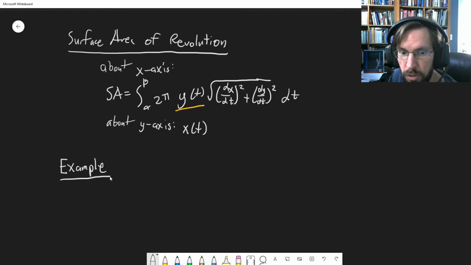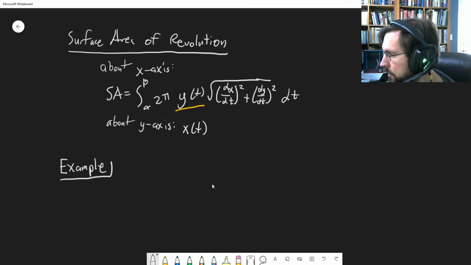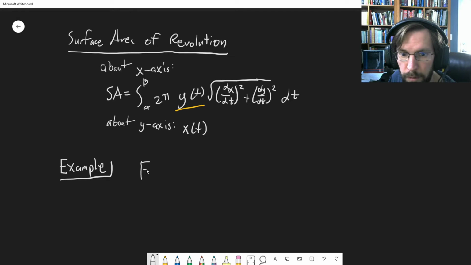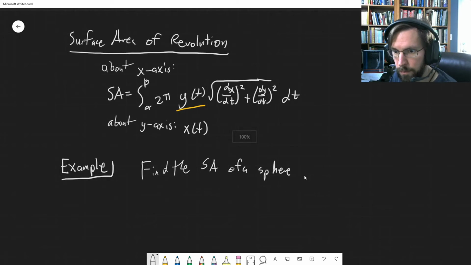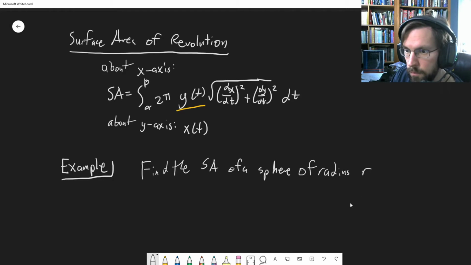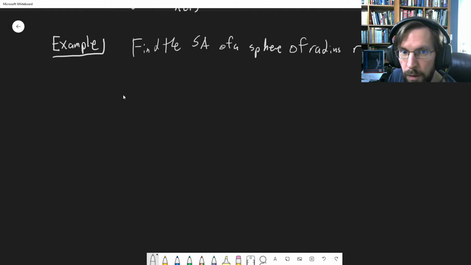Okay, so let's do this with a quick example. Let's find the surface area of a sphere of radius r. A sphere of radius r, we can get in the following way.